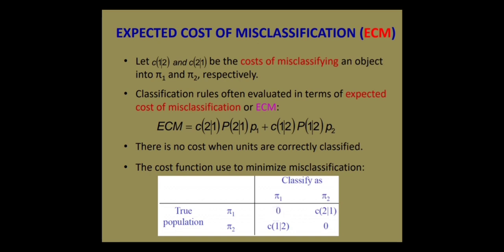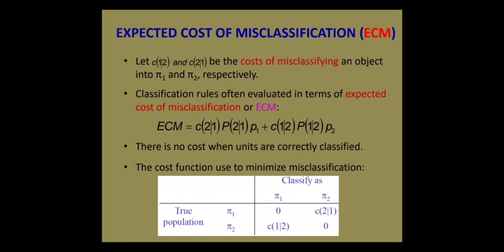Right here, classify as pi 2, but actually it comes from pi 1, so kita akan ada value cost of misclassification. Okay, and so on, sama juga dengan yang lain.